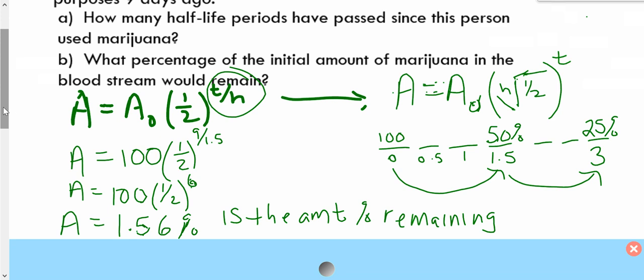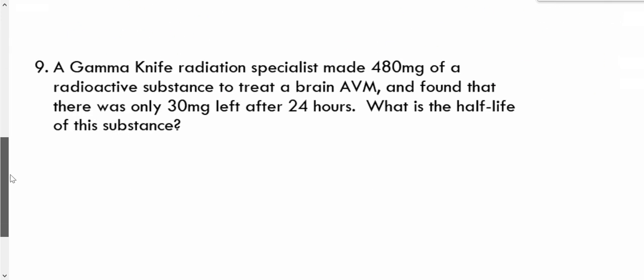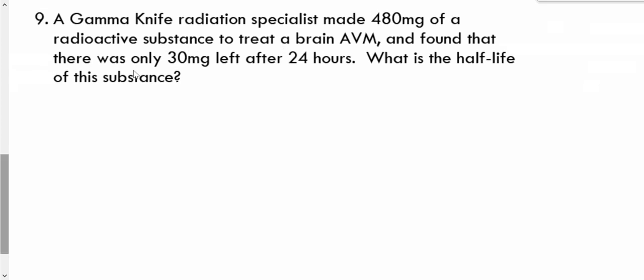Okay. I want to do one last question, because sometimes you're not going to be given the half-life, and that's what you're asking for. So I actually used my son's brain injury example for this number 9 example. You know that he has a brain AVM, and he had gamma knife radiation done.